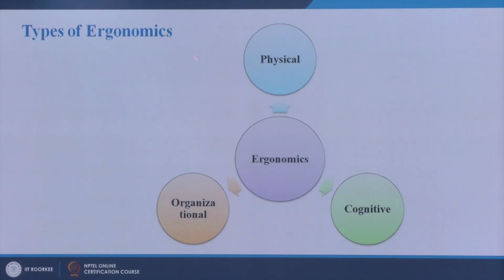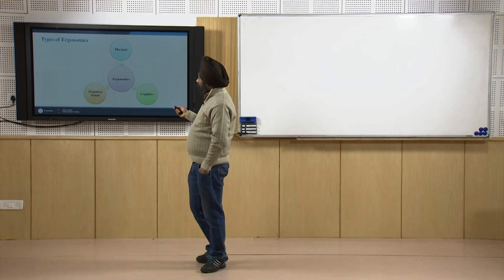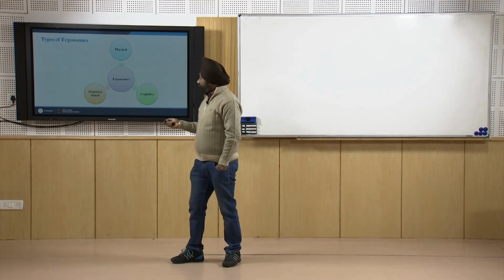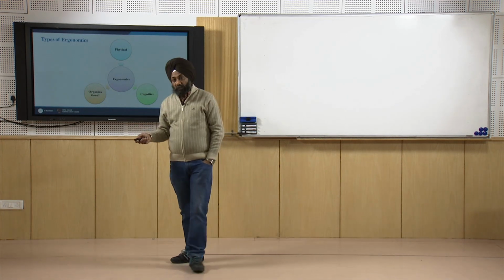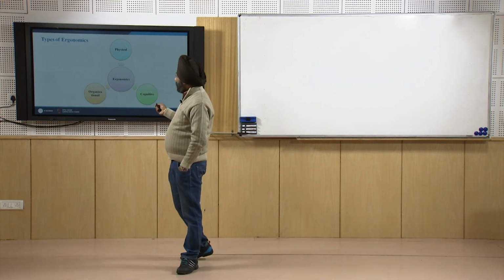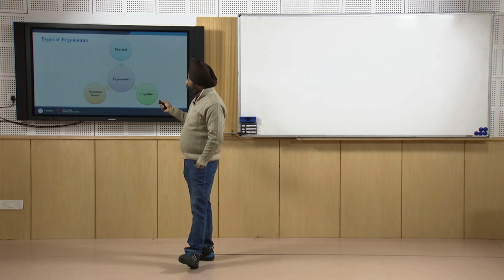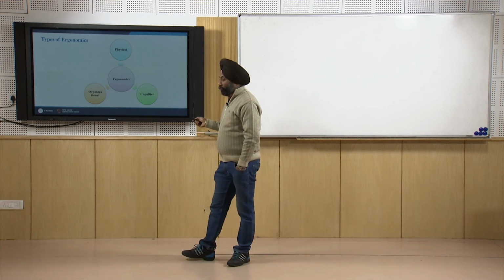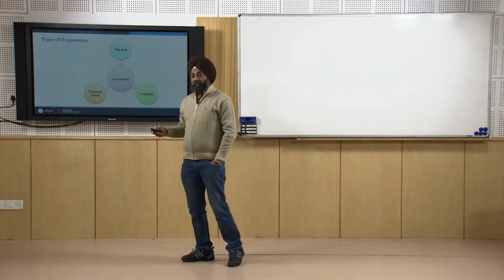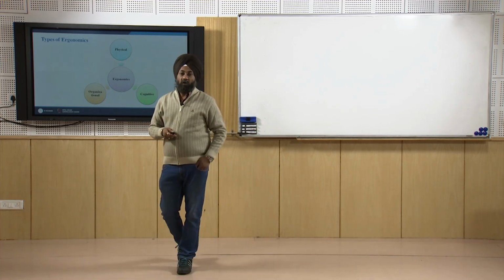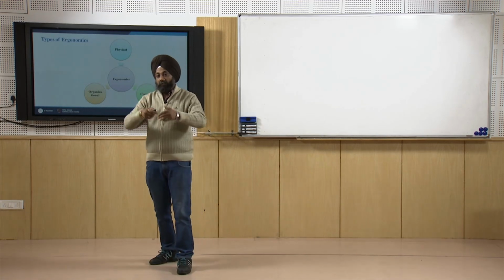Now, types of ergonomics we should also understand. It is not only related to tangible products only, it is cognitive also as well as organizational. So ergonomics can be applied for tangible or physical products, for the cognitive domain, as well as for the design of organizations, systems or the workplace.